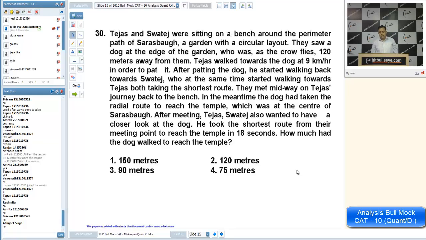Okay, next question is again a question on geometry as well as TSD. But the question is very easy. No doubt the statement is very lengthy, but the question was easy. Should I explain it or not?